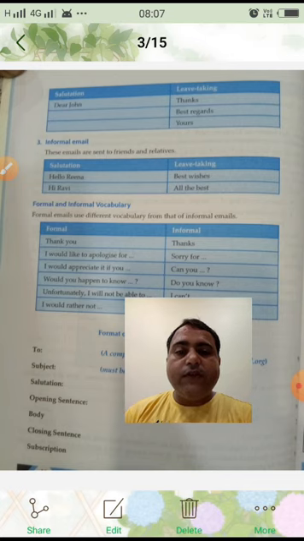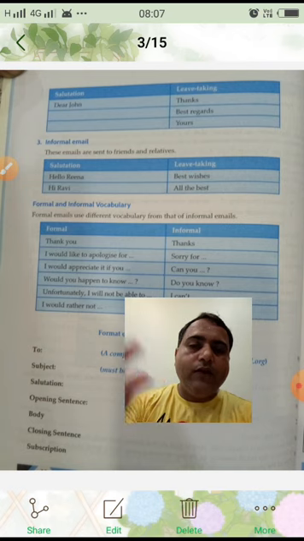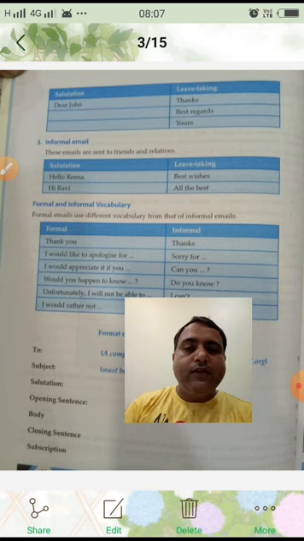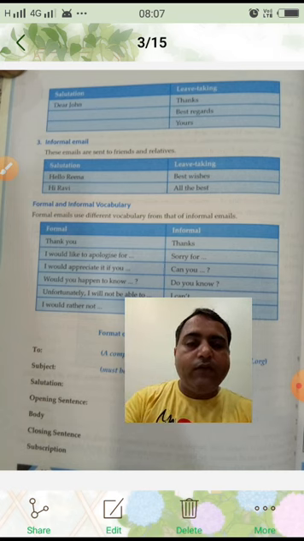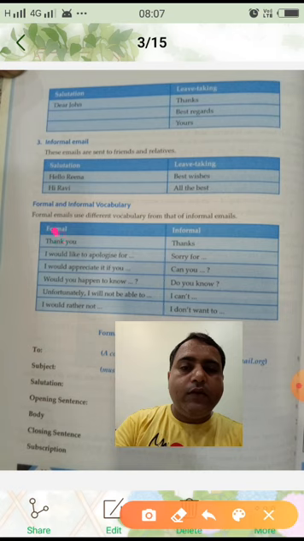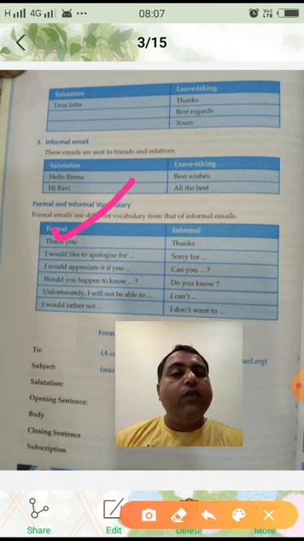Now next is given formal and informal vocabulary, that is, in formal emails what you can write, which type of sentences you can include, how you can begin the sentence while constructing the body part of the email. Okay, in formal, first one, let me tell you: "Thank you," or "I would like to apologize for," or "I would appreciate it if you," or "Would you happen to know," "Unfortunately I will not be able to," "I would rather not."